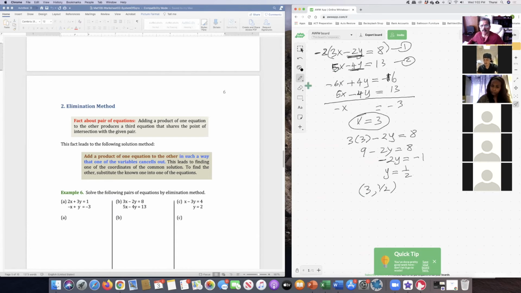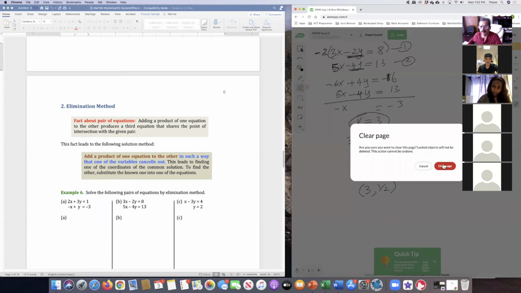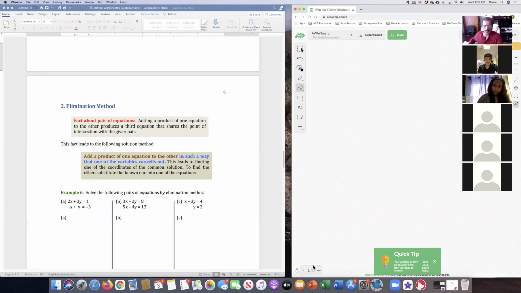Very good. So let's proceed to discuss the third system. x minus 3y equal to 4 and y equal to 2. The second equation doesn't have an x in it. That means we already know the y coordinate, right? The elimination is unnecessary now. The y coordinate of the point of intersection is 2 from the second equation.